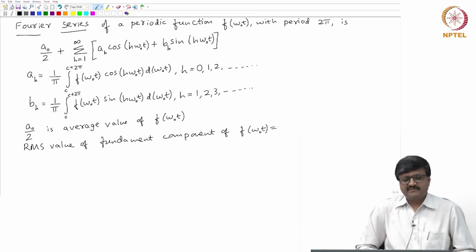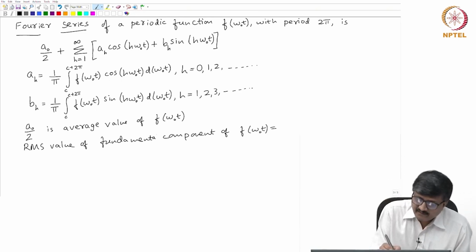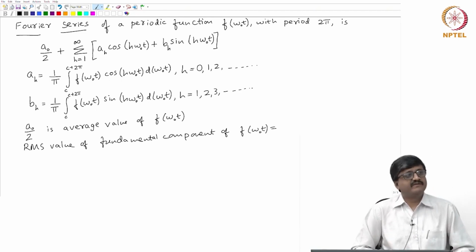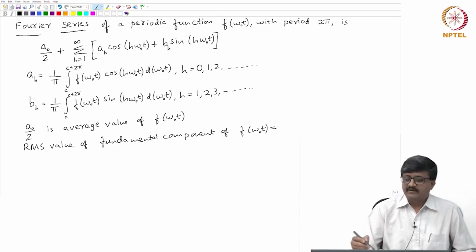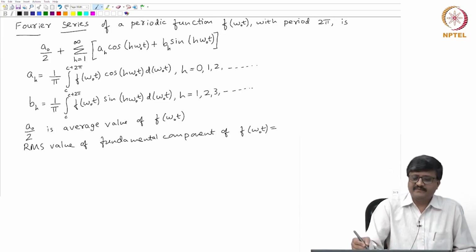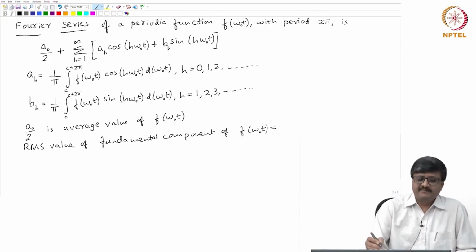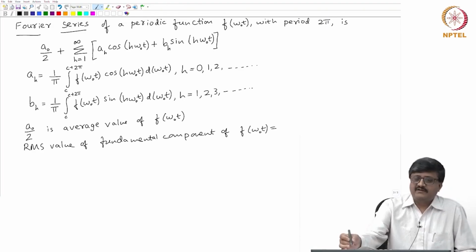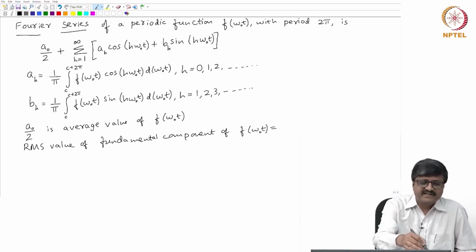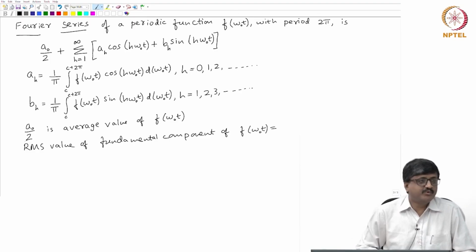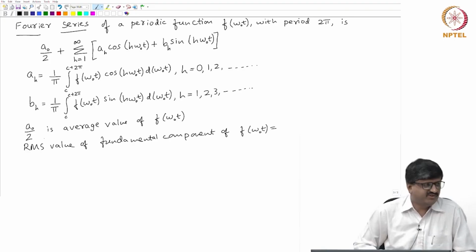So, what is the RMS value of the fundamental component of f of omega ot? Can I write that the fundamental corresponds to h equal to 1? Fundamental means the values obtained from this AH BH expression with h equal to 1, just as I got the average with h equal to 0.